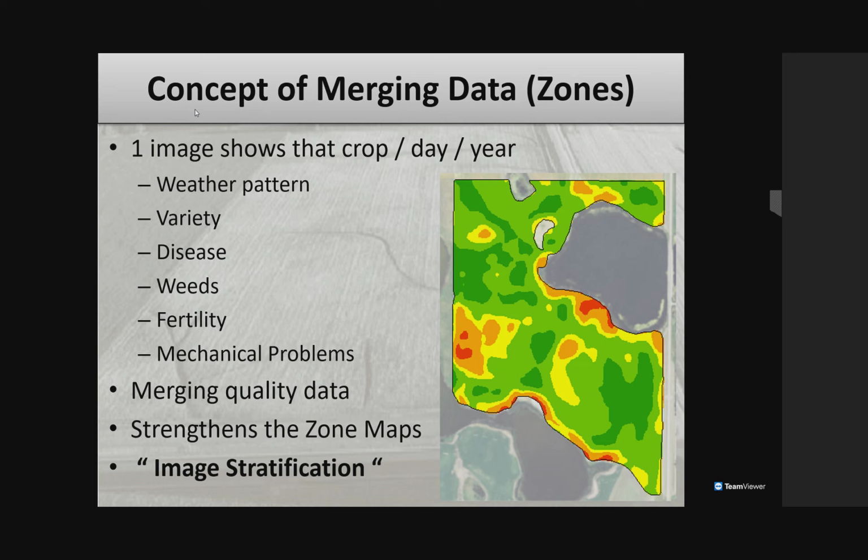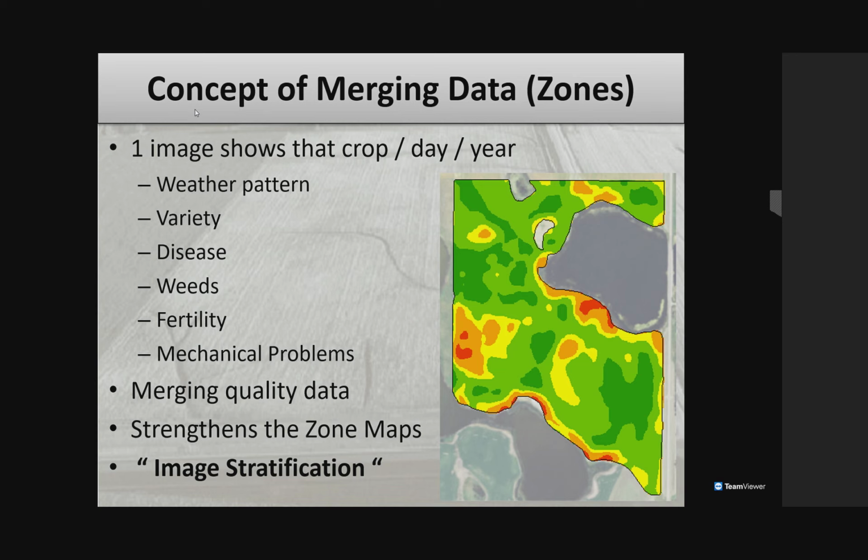Spray drift issues, all kinds of things. So by merging together multiple years of data, we're going to try to overcome that idea that crop had a really good growing season that year, and then the next year we didn't have as good of a growing season. It was wetter, it was drier, it was hotter, it was cooler, all those components.